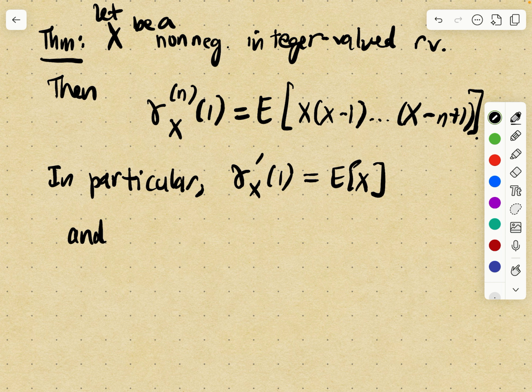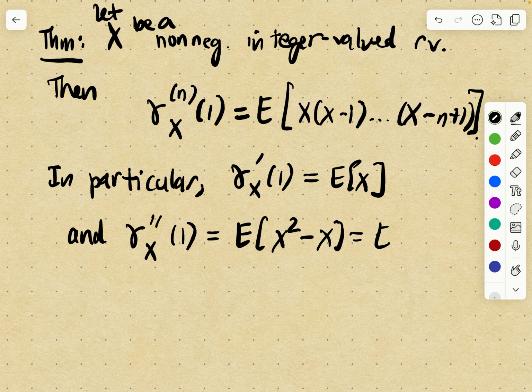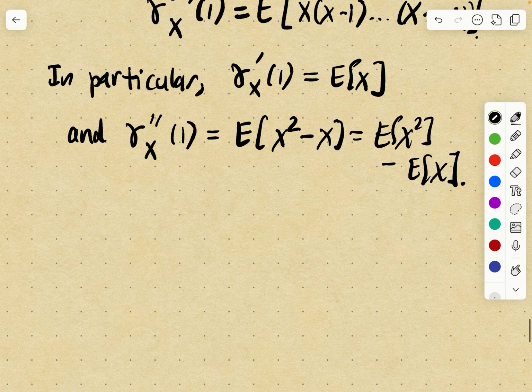And if you take the second derivative of the generating function and plug in 1, you get the expectation of x squared minus x, which is the expectation of x squared minus the expectation of x. So we can use these to calculate the expectation and variance of the distribution.